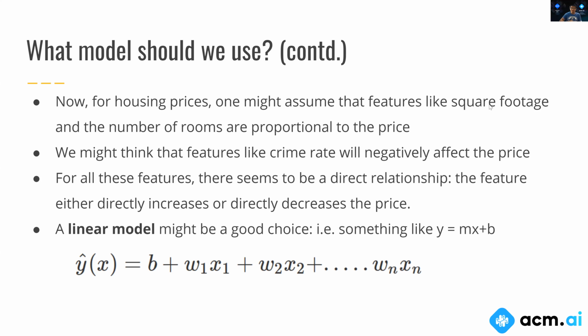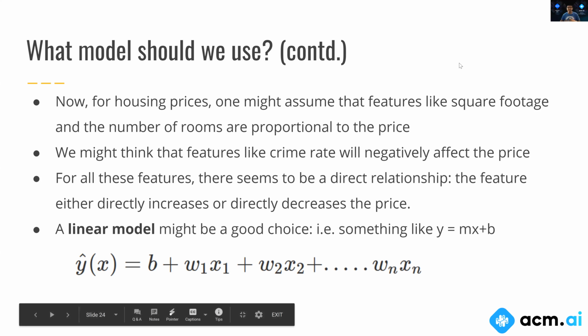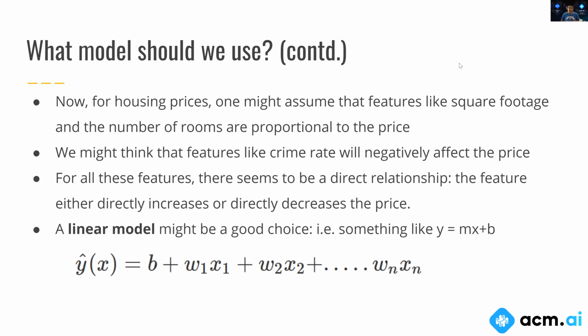If one feature's value increases, we expect the price to either increase or decrease. So in either case, it's going to be proportional, and that's essentially an assumption. Obviously, in different contexts, that's going to be different, and hence we would use a different model. But in this case, a linear model is a good fit.